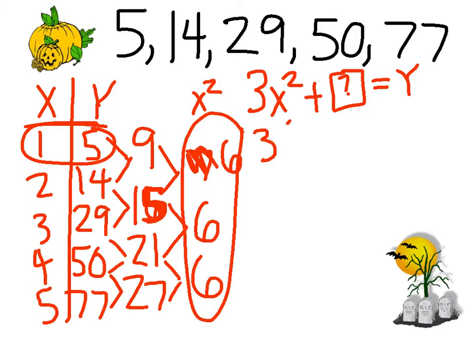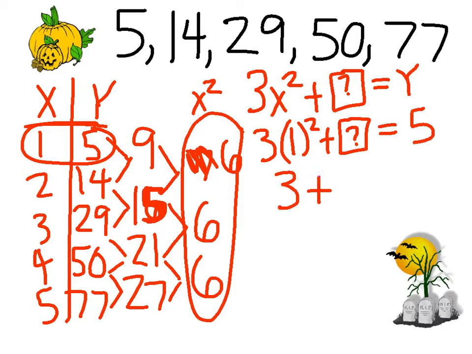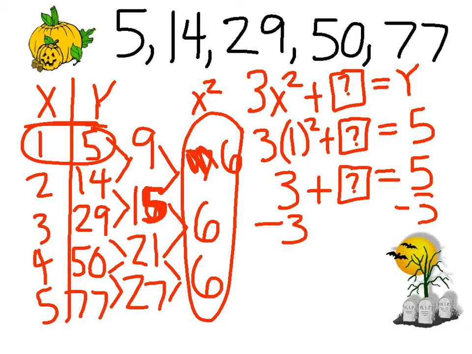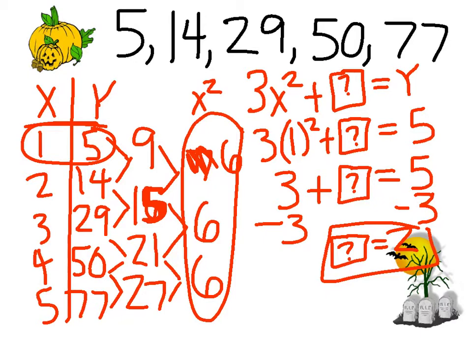I'm going to pick the first one, so I'm going to plug in 1 for x and 5 for y. 1 squared is 1, and 1 times 3 is 3, plus our number is equal to 5. Now we just solve to get our number, so we subtract 3 from both sides. 5 minus 3 is 2, so that's going to be our number for our function.